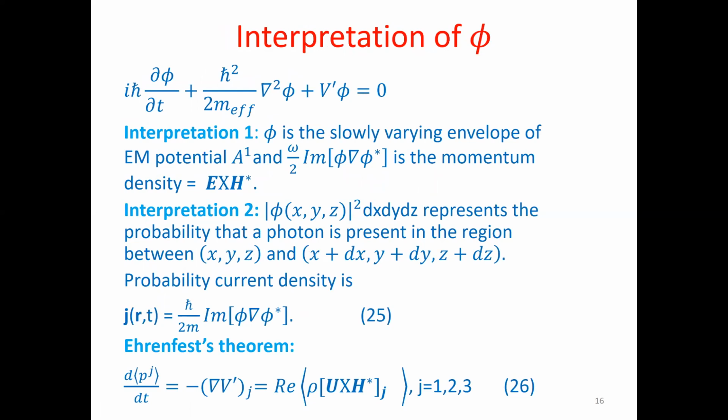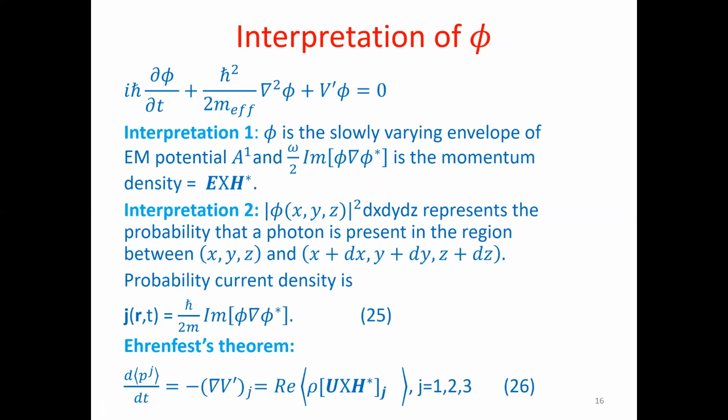So, interpretation of phi. Interpretation 1: phi is the slowly varying envelope of the electromagnetic potential A1, and the imaginary part of phi star times the gradient of phi is the momentum density. That's E cross H star, that is the Poynting vector. So that is one interpretation.